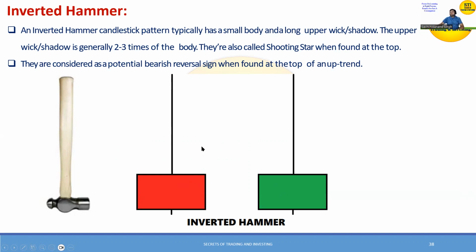Once you identify such a candlestick pattern, that will be treated as an inverted hammer, and its significance will be topmost when it is found at the top of an uptrending stock. At that time it will be the most significant, right?